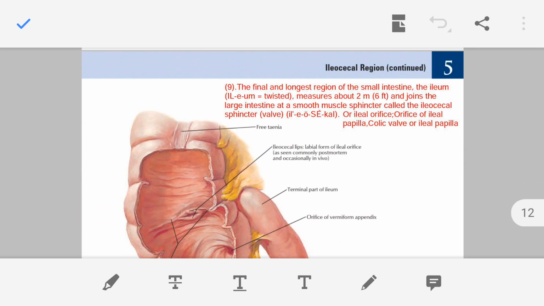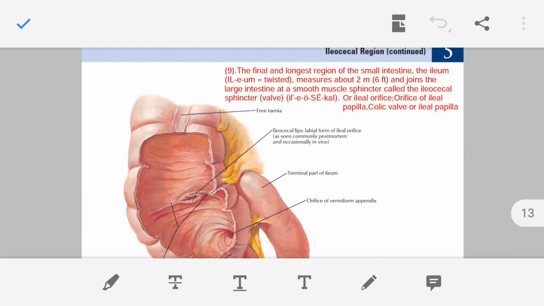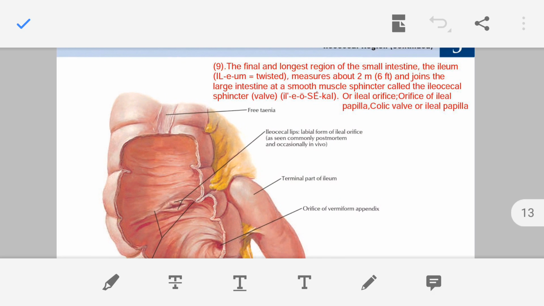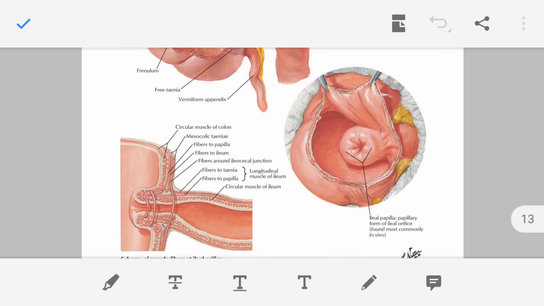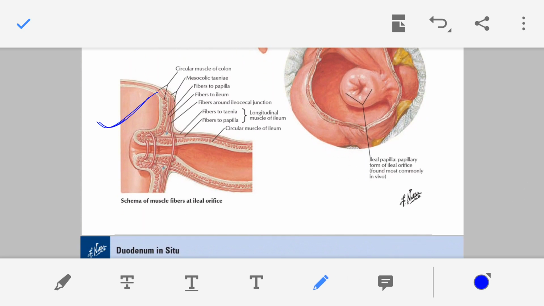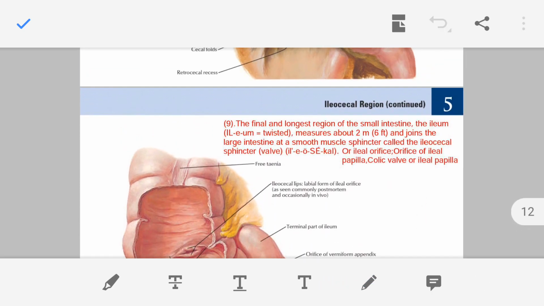Now over here the sphincter is shown. For example, this one is the large intestine, this one is the small intestine's terminal part, the ileum, and this is the wall that we are talking about.